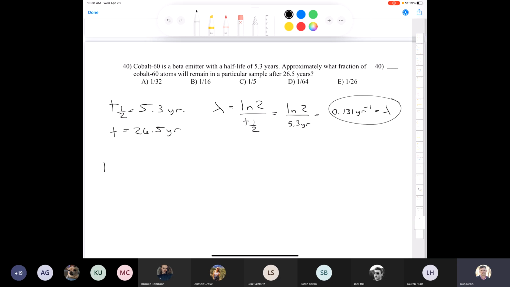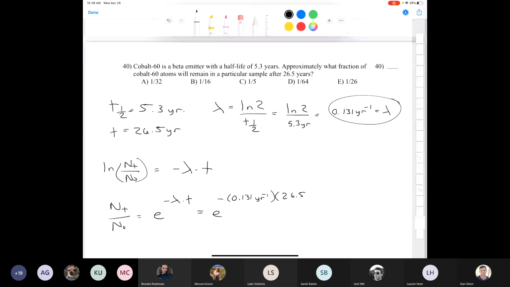Then we can use that the ln of the amount after a certain amount of time divided by the original amount is equal to the negative of the decay constant multiplied by t. We get that the amount after a certain amount of time divided by the initial amount is equal to e to the negative decay constant times t, which is e to the negative 0.131 years to the minus 1, multiplied by 26.5 years.